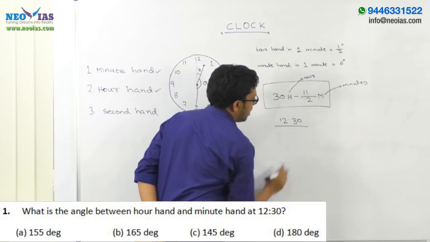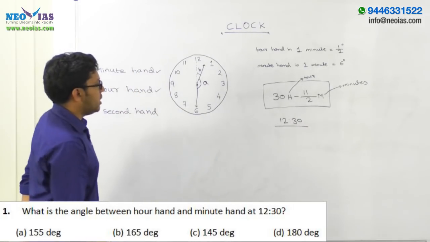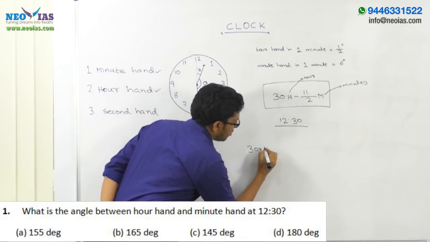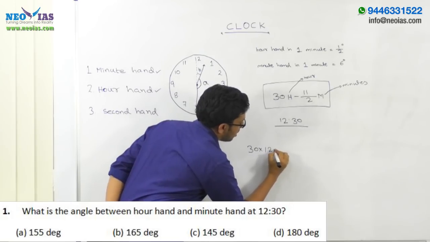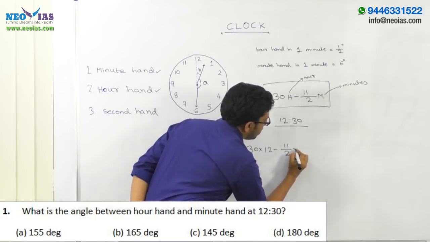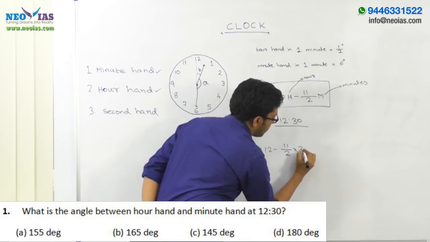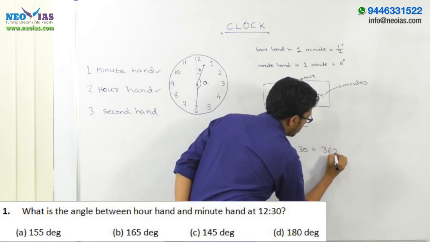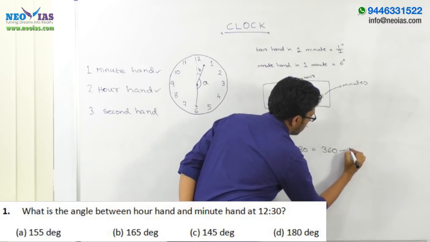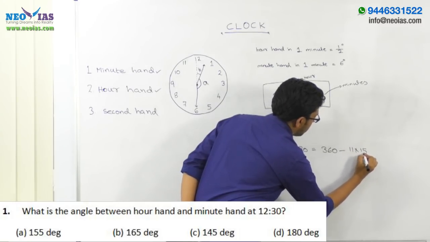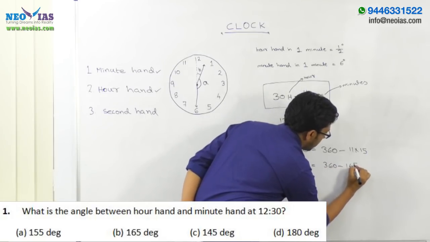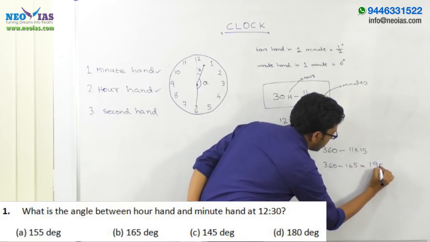We need to find out the angle between two hands at 12:30. Substitute the values here: 30 into h, where 12 stands for h, and 11 by 2 into 30 where 30 stands for m. 30 into 12 is 360 minus 11 into 15 equal to 360 minus 165, and the answer will be 195 degrees.